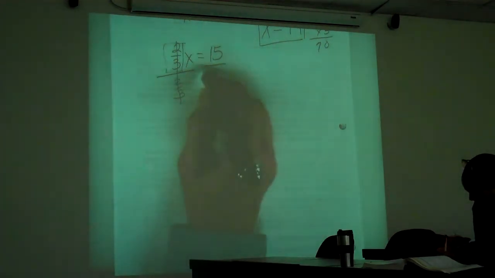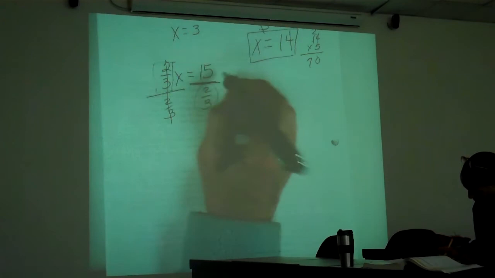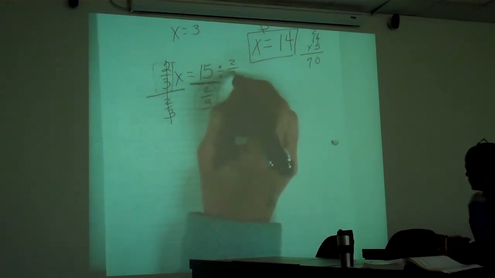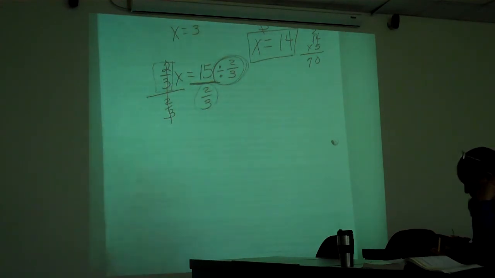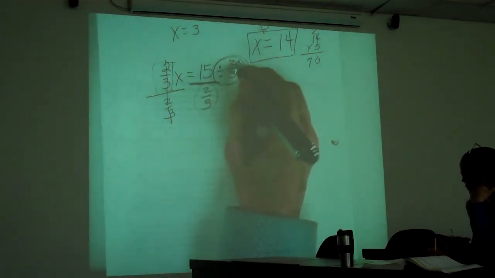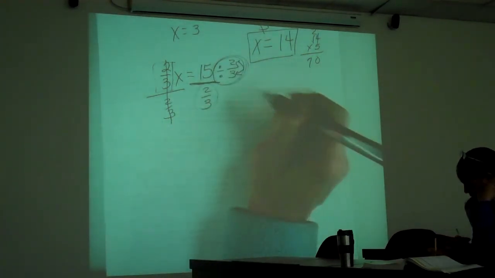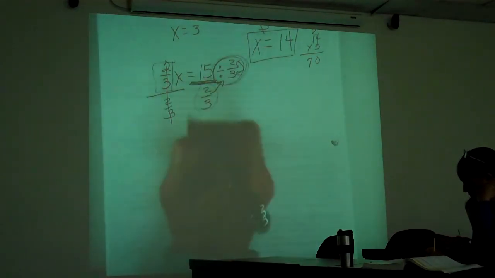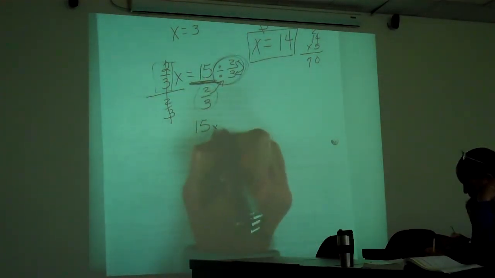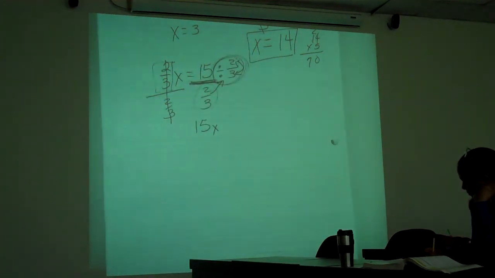Okay, when you divide by a fraction, remember what you have to do here? We could multiply by the reciprocal. So if we're dividing by 2/3, we put the 15 here and multiply by the reciprocal.